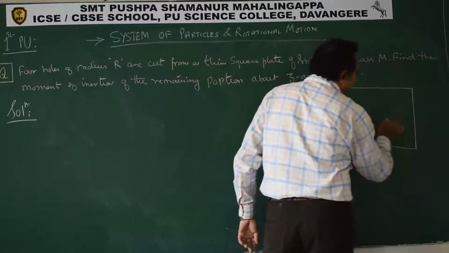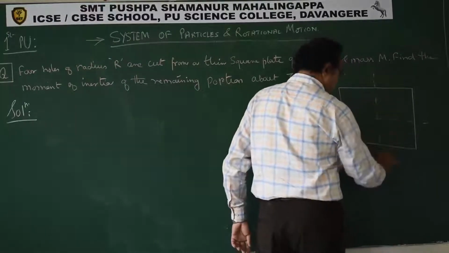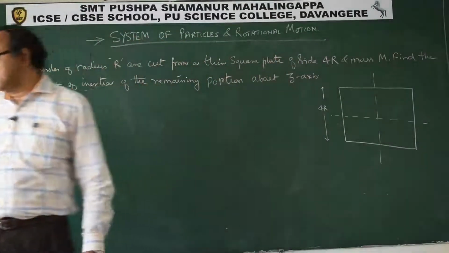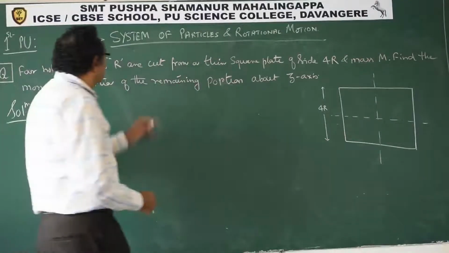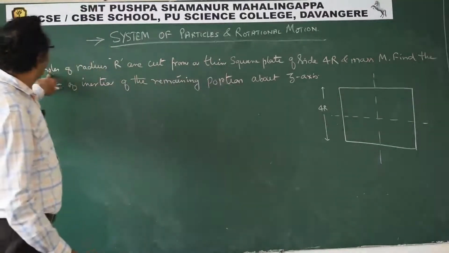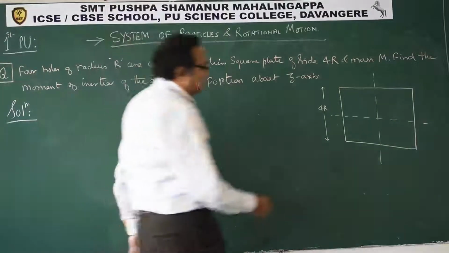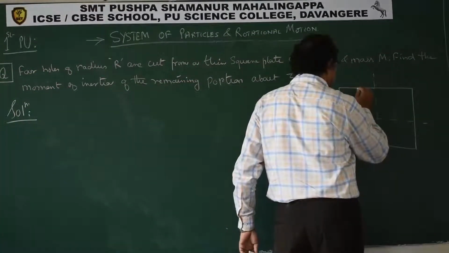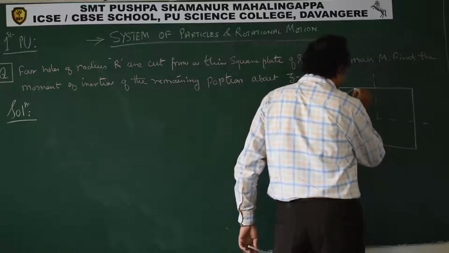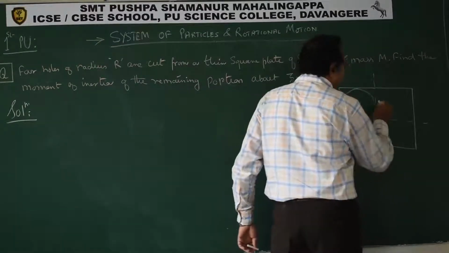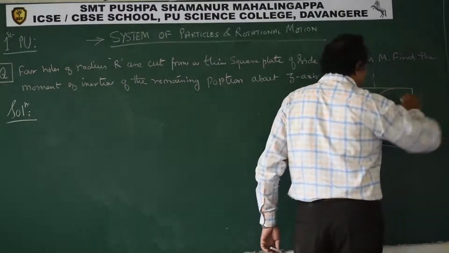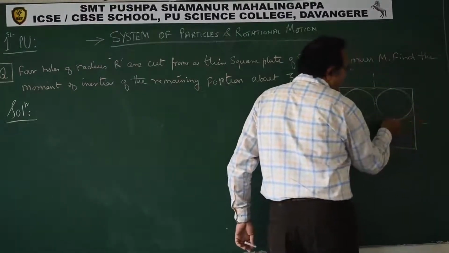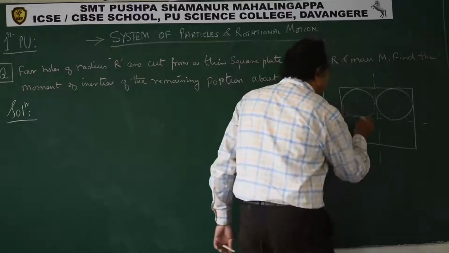Now, from this square, it says that 4 holes of radius r are cut. Let us assume like this. Don't go after the perfect diagram shape and all. What is important is to understand the question.